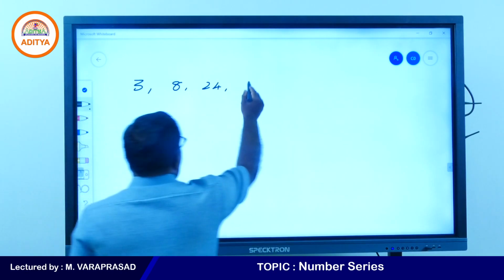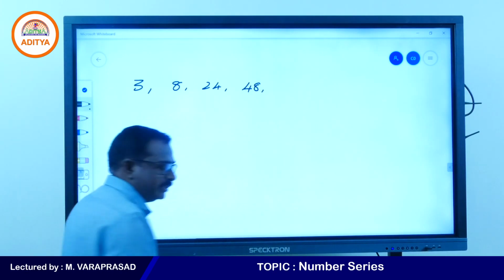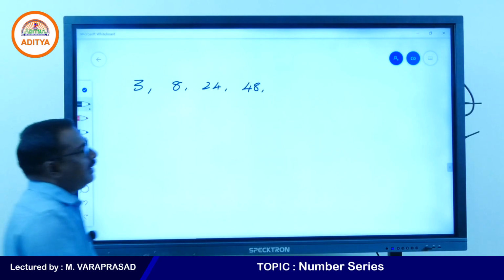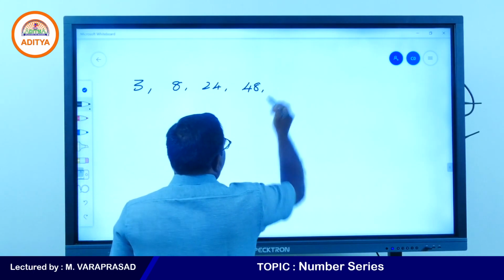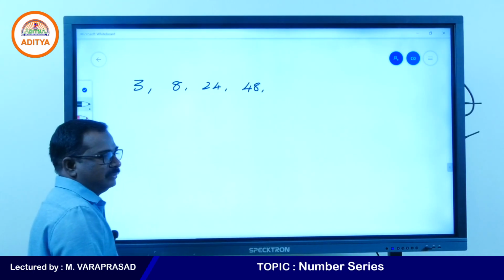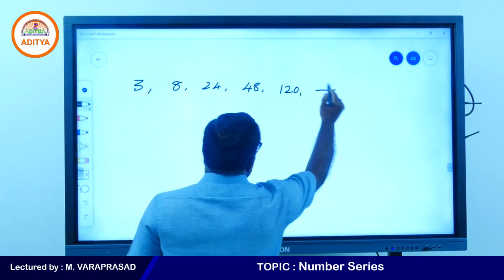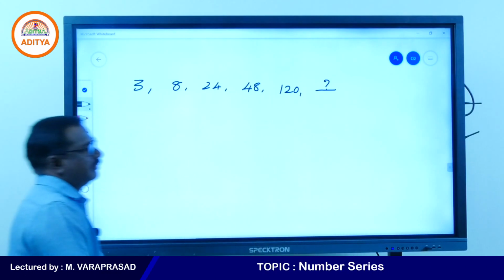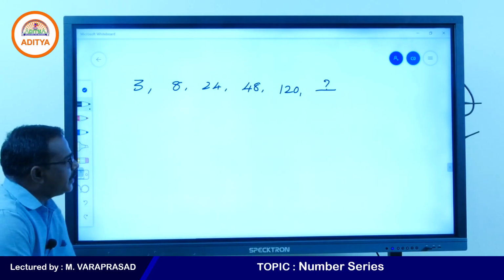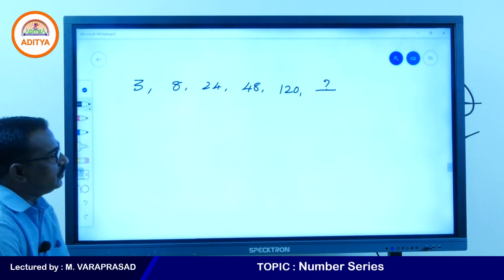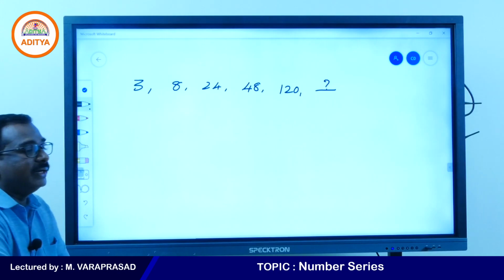The next number is 48. What is the next number? 3, 8, 24, 48, 120, and what is the next number?